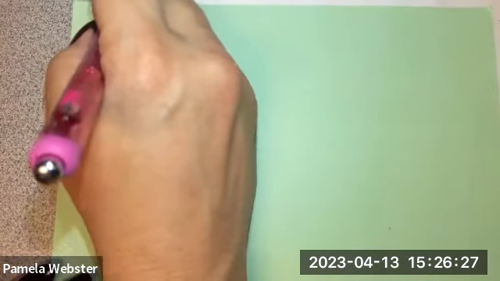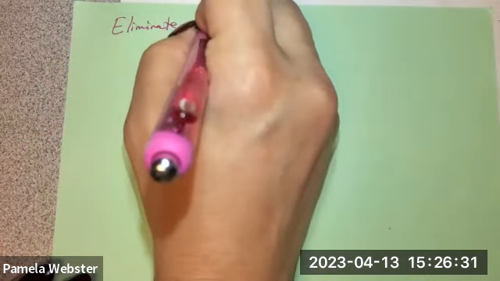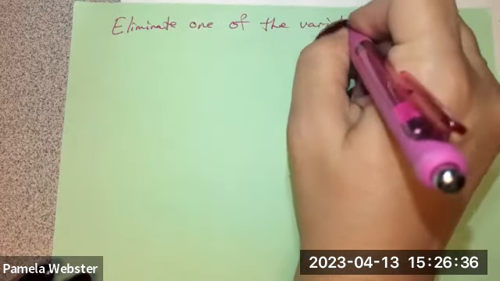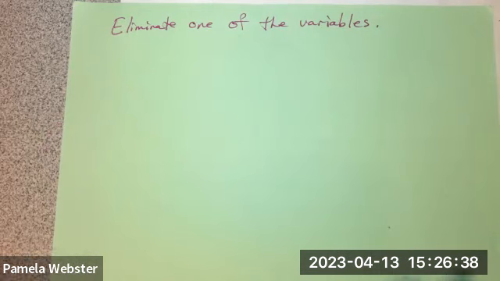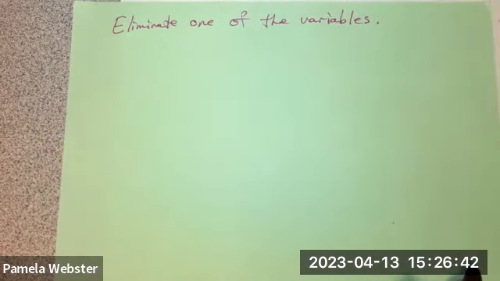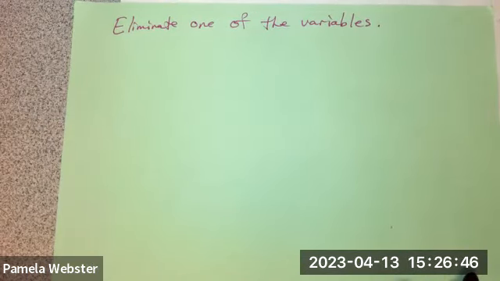Two basic ways to do this. You need to eliminate one of the variables, because it's not easy for me to solve stuff that has both an x and a y in it, right? So I'm going to get it down to where I have just one variable that I'm working with. And I don't care which variable. If you prefer to get x by itself, sometimes y is easier. We'll just see how it works.